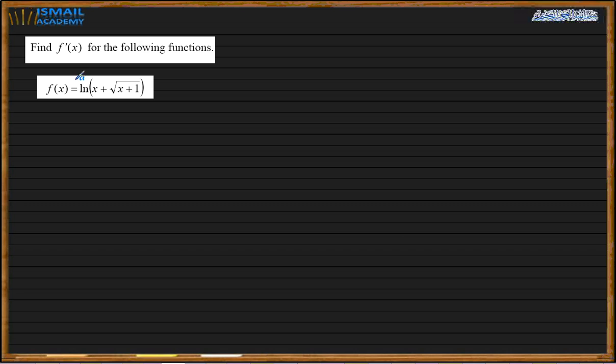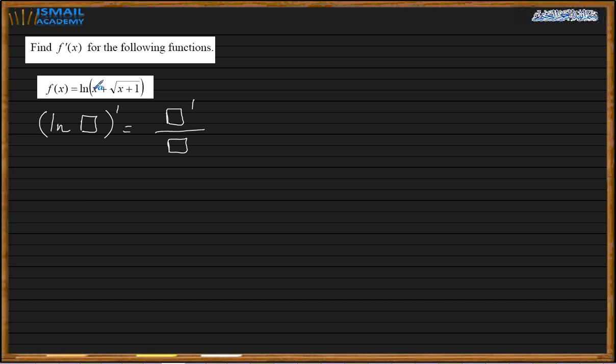Now find the derivative of this function. There is another statement that says don't simplify. So we're not going to simplify. I'm just going to show you how to do the derivative. We know that the derivative of ln of something is the derivative of that thing over the thing itself.